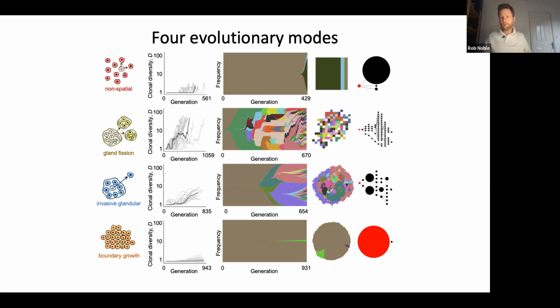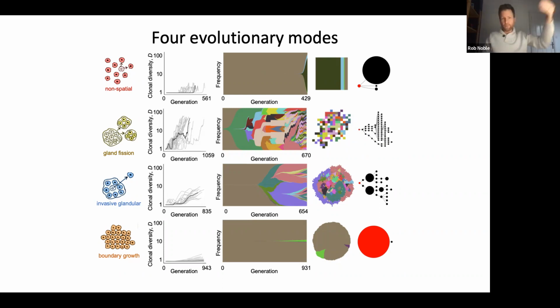The final column shows the corresponding clone tree, in which each node represents a clone at the final time point. The red node is the initial clone, and the size of each node depends on the final population size of that clone.